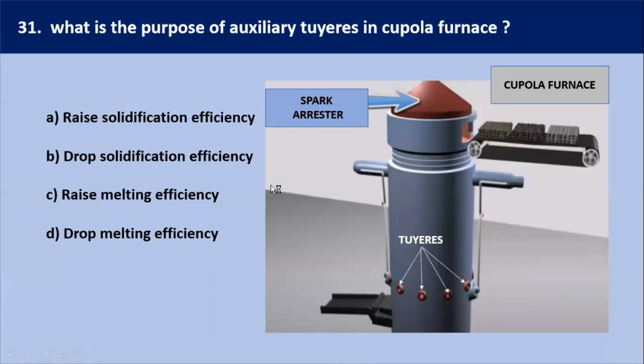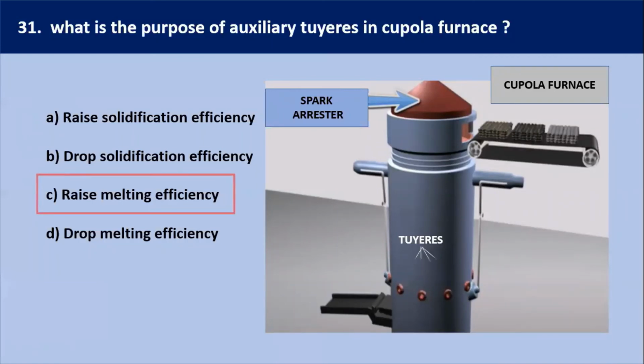Next, this is the last question. What is the purpose of auxiliary tuyeres in a cupola furnace? This is how I'm showing the tuyeres. This is the cupola furnace. The auxiliary tuyeres are basically used to increase the melting efficiency.